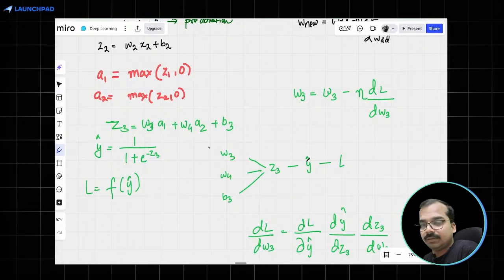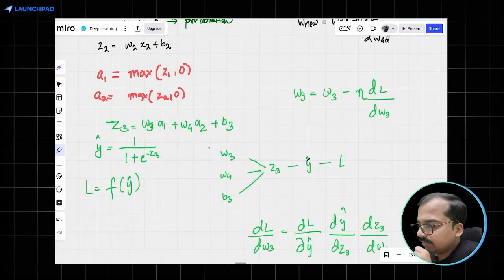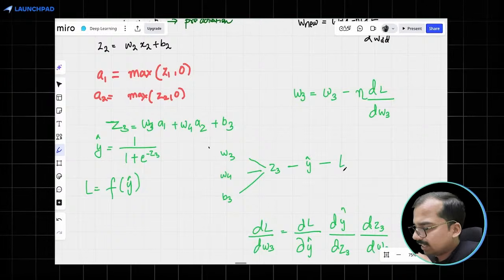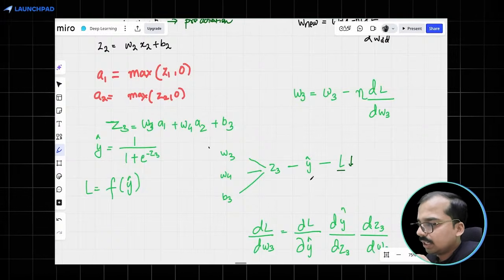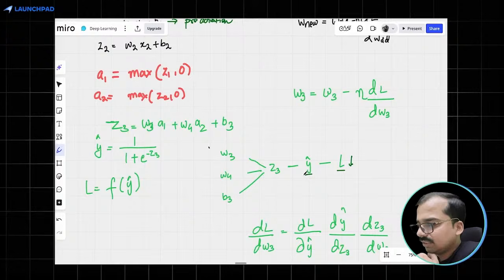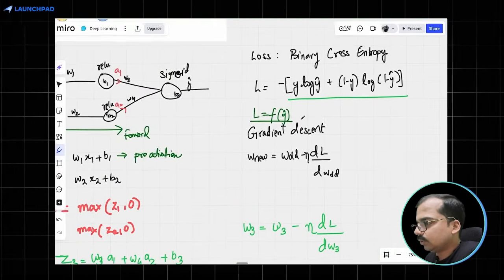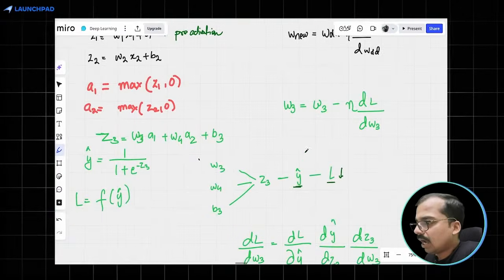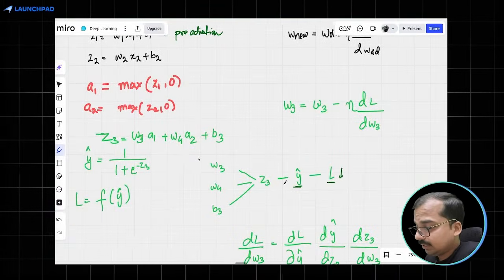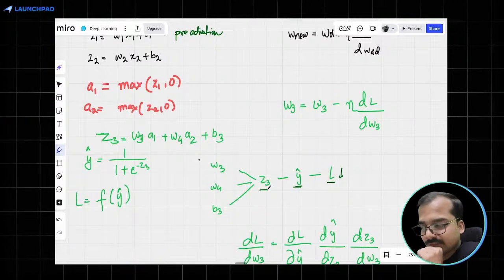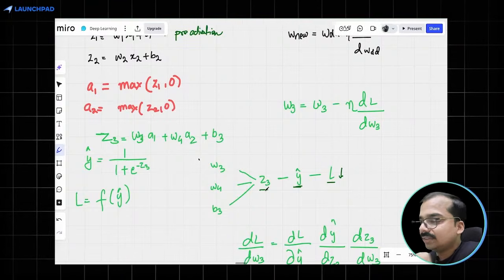So here what we are trying to do is minimize this loss. I can minimize this loss by changing y hat and making it much closer to my actual y. Now how can I change y hat? Y hat can only be changed by changing Z3. Now how can I change Z3?